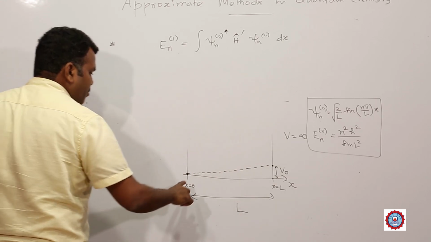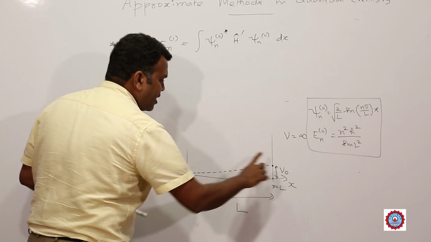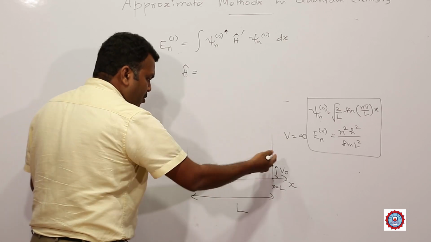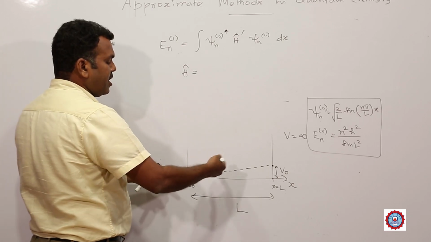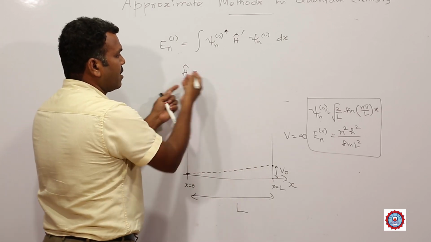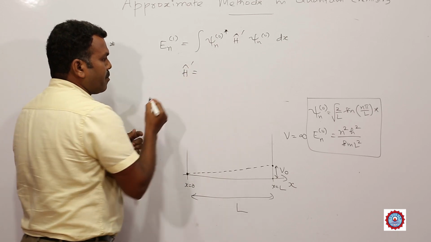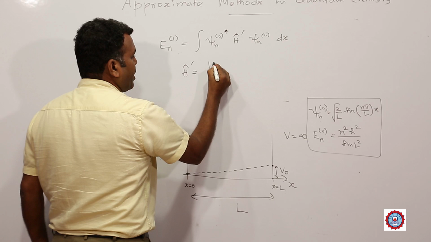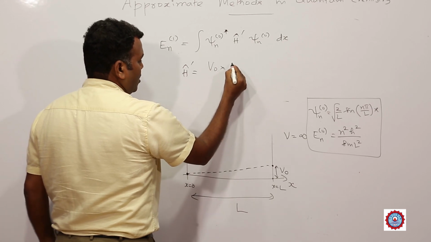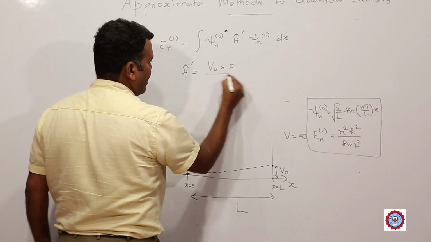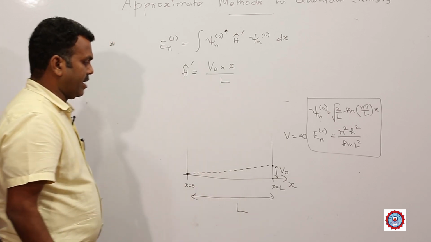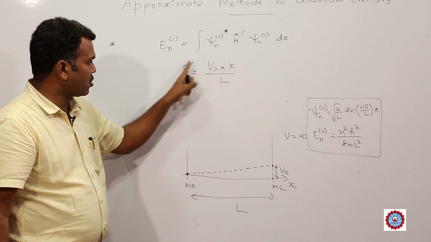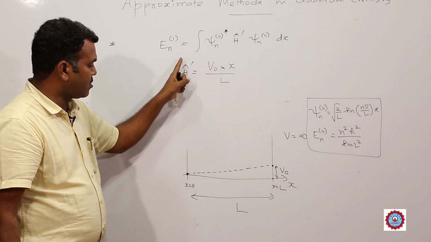Remember, here the potential energy increases linearly. This linear increase in potential energy, I am going to take it as the perturbation term. So, the perturbation operator for this system can be given as V naught into x by L. See, if you put x equal to 0, you will get H operator prime as 0.